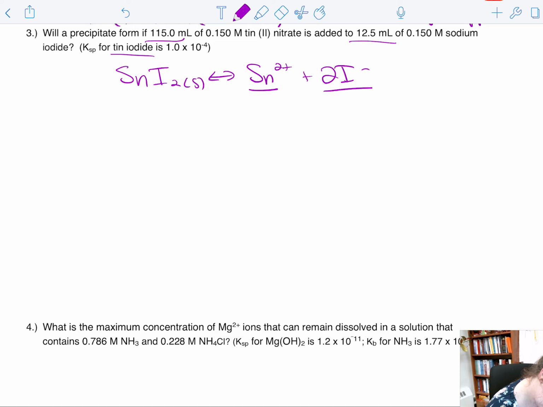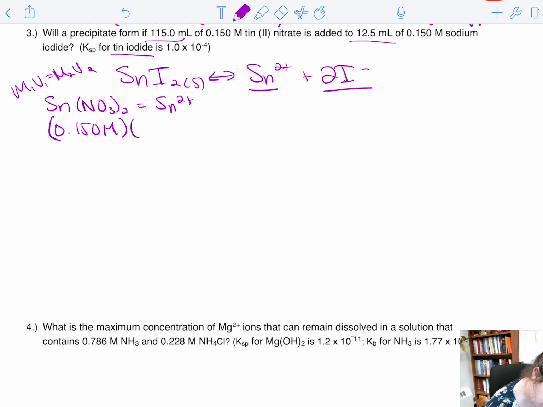So our tin(II) nitrate concentration is equal to our tin concentration, as they are 1 to 1. So again, we're doing M1V1 equals M2V2. Our M1 in this case is 0.150 molar.